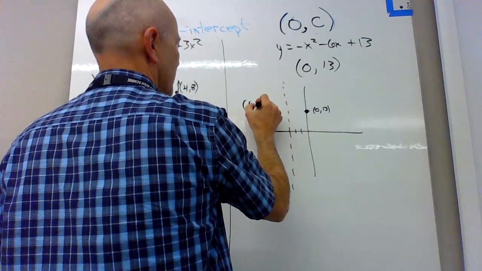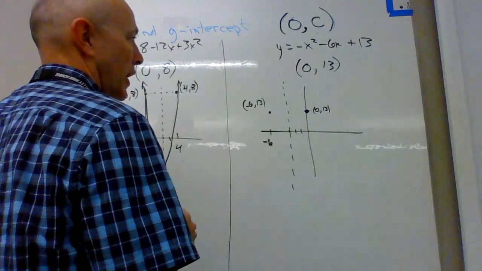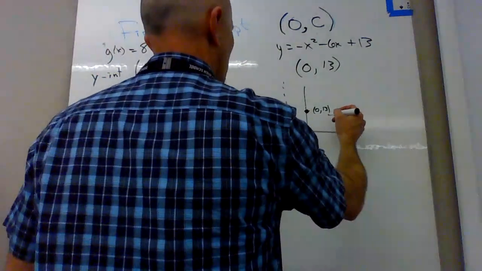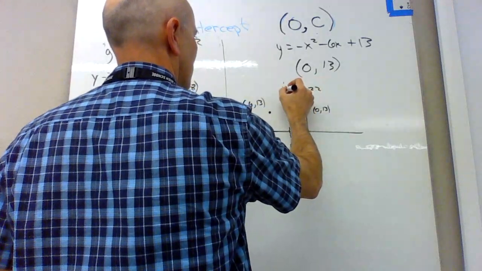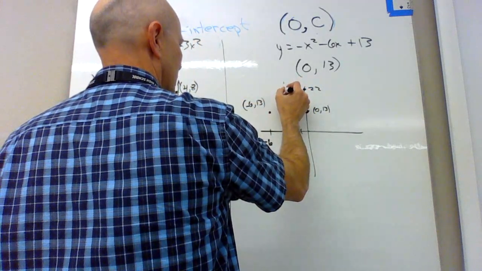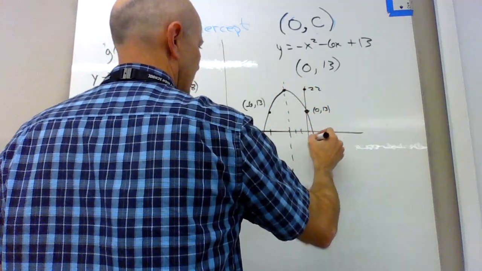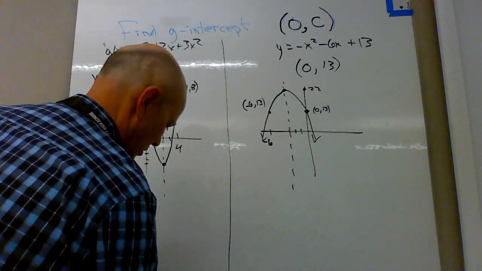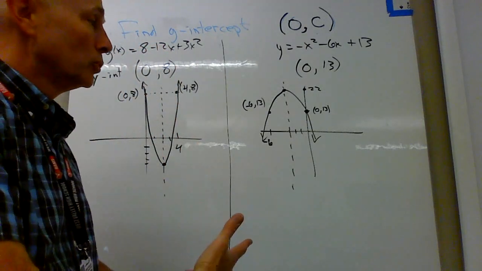So this is the point negative 6, 13. And I know that has to be on my graph. My vertex was at negative 3, 22, which maybe if this is 22 up there, my vertex ends up being like that, and I would be able to sketch a reasonable looking parabola that goes through those points and looks reasonably symmetric as well. Okay, so that's how to do those problems.